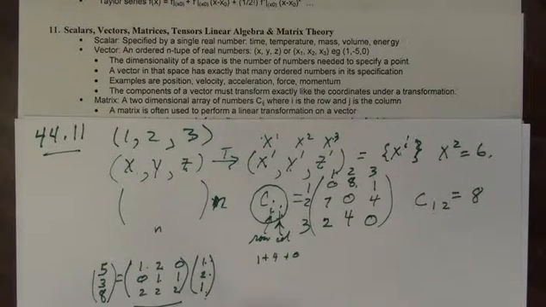And this is the transformed vector. This is the transformation. So I have a vector 1, and have a transformation, and have a vector 2. So this is how the transformation works.